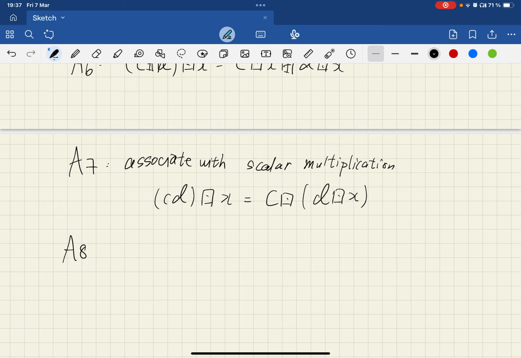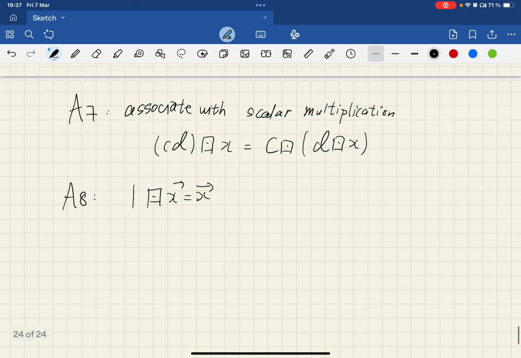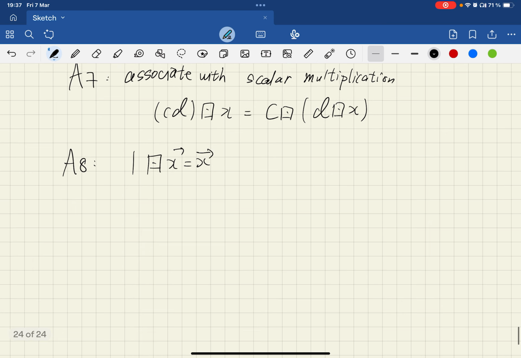And the last is the multiplicative identity.